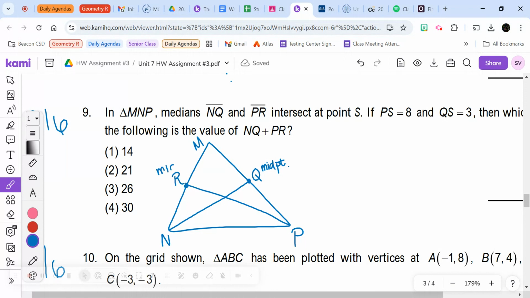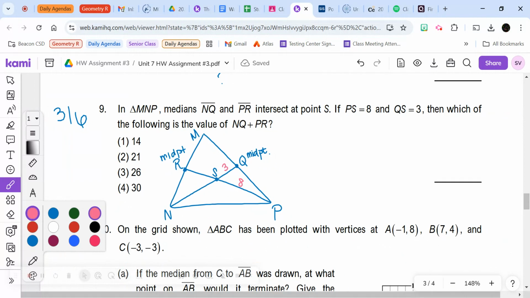So this is also a midpoint. Okay, and they intersect at point S. So here's S. If P to S is 8 and Q to S is 3, then which of the following is the value of NQ plus PR?